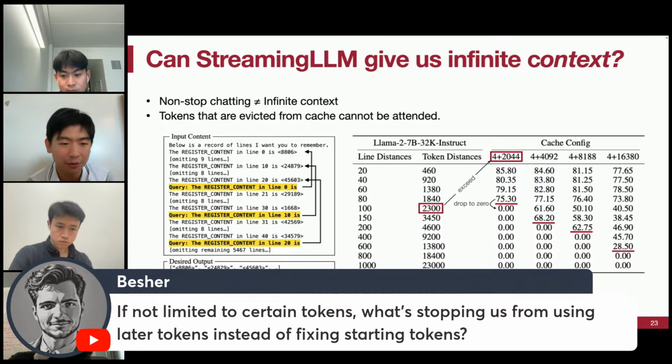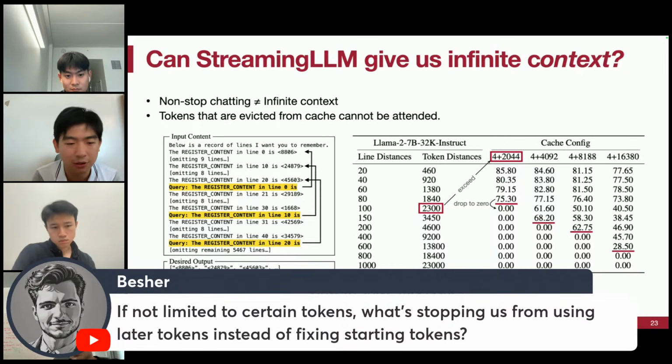If you use token number 1,000 as the attention sink, it means a thousand tokens cannot attend to that token and cannot use that sink. It makes the model very inefficient. So the most efficient way for the model to learn is to use the first token, which is globally visible, as the attention sink.